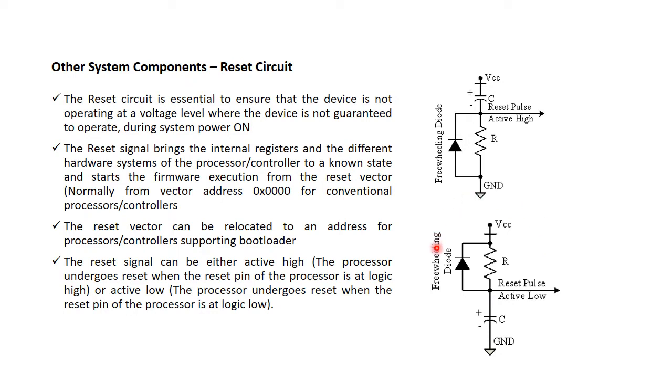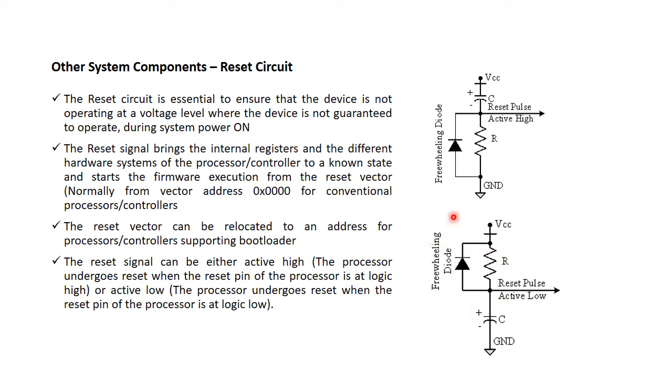Even in the other circuit, which is used for active low reset pulse generation, we have a resistor connected to VCC, and at the other end the active low reset signal is taken, which in turn is connected to the capacitor, and through the capacitor to ground. So here also the resistor is connected in parallel with the freewheeling diode.